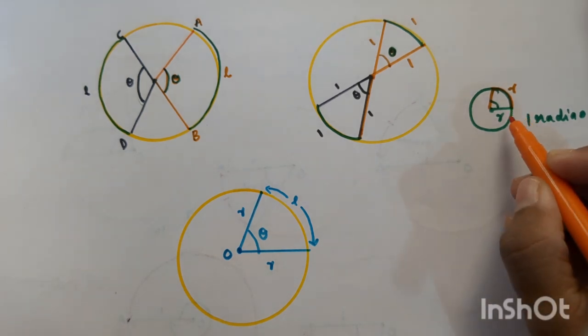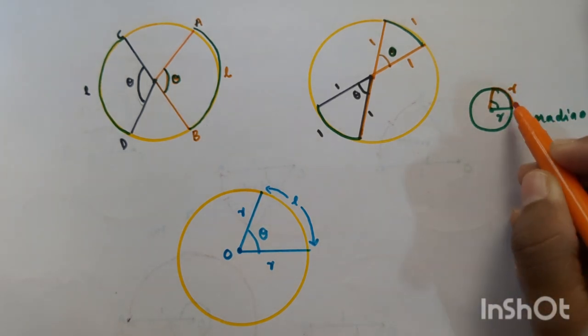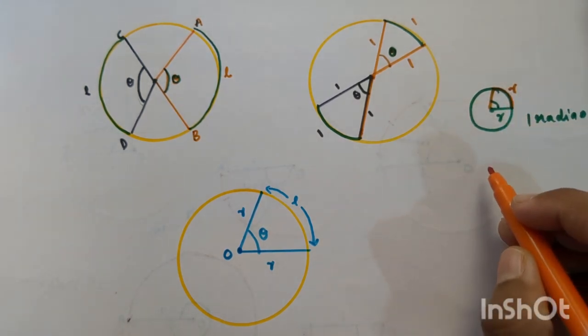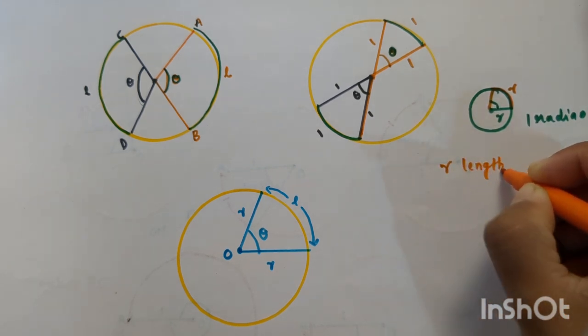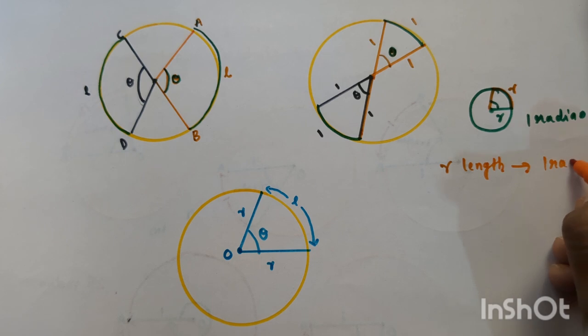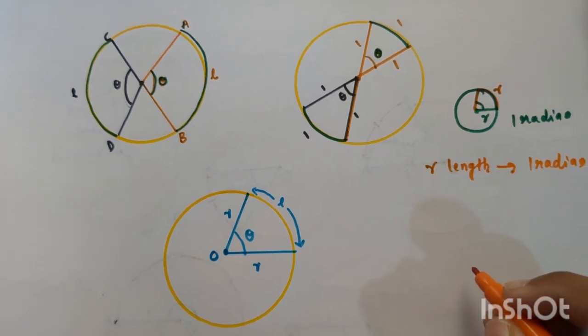In a circle of radius r, an arc of length r subtends an angle whose measure is equal to 1 radian. That is, r length will subtend an angle of 1 radian.